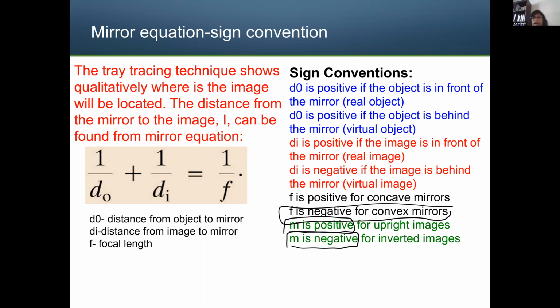In addition to that, after you plug the numbers in, if you need to calculate the image position, if that image position is positive, that means your image is real. Okay. If the image distance d_i is negative, that means it is a virtual image. So those are all theoretical calculations.